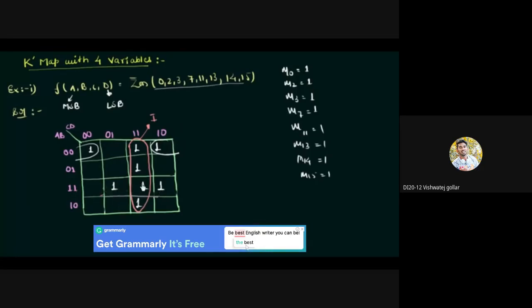The only way to combine them is by combining with this one, and this one can be combined like this. So we can find that all the ones in this K-map are now paired. This time also we will give them names. This is 2, this is 3, this is 4.